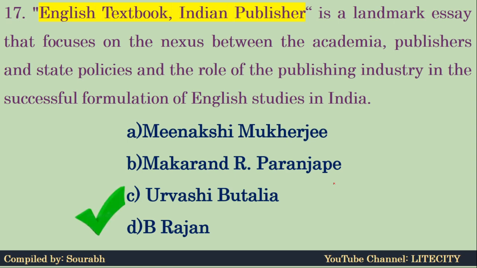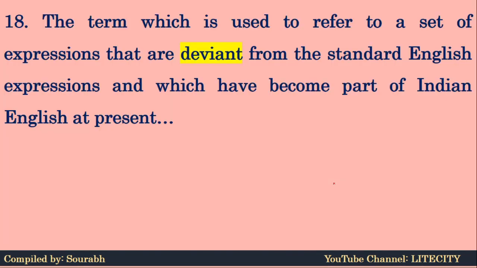She has done this research on how the printing industry, how English textbooks, how their availability, how the university has recommended a particular textbook, which textbooks are available cheaper, how Indian writers writing in English were not promoted. All these things helped to establish the publication industry and the formulation of English studies in India.